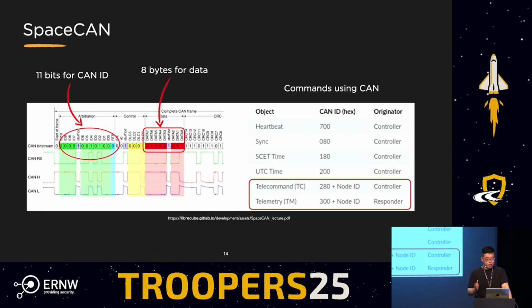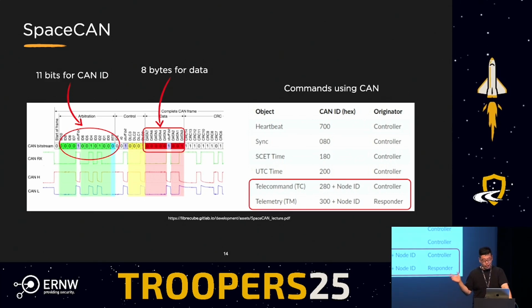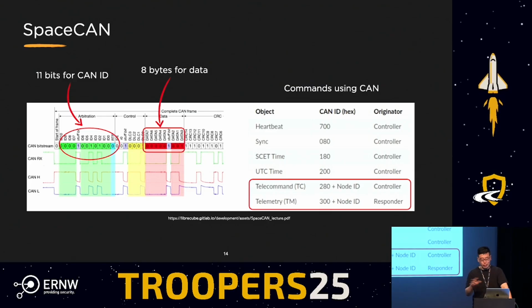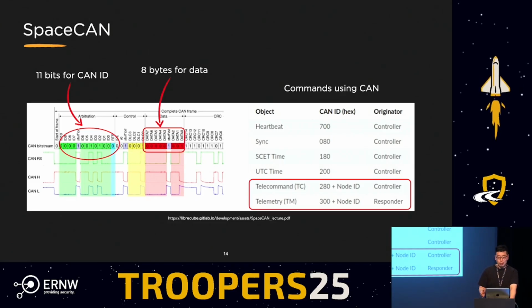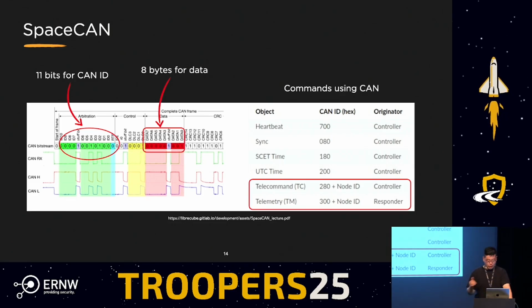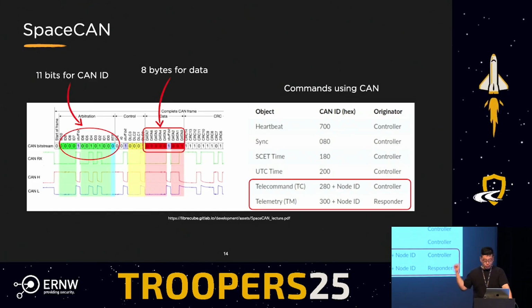The 11 bits are for the CAN ID designed in SpaceCan, which means the header of the packet, and the 8 bytes of the CAN frame data field are for data transferring. There are several different commands developed in SpaceCan, which you can see on your right-hand side.